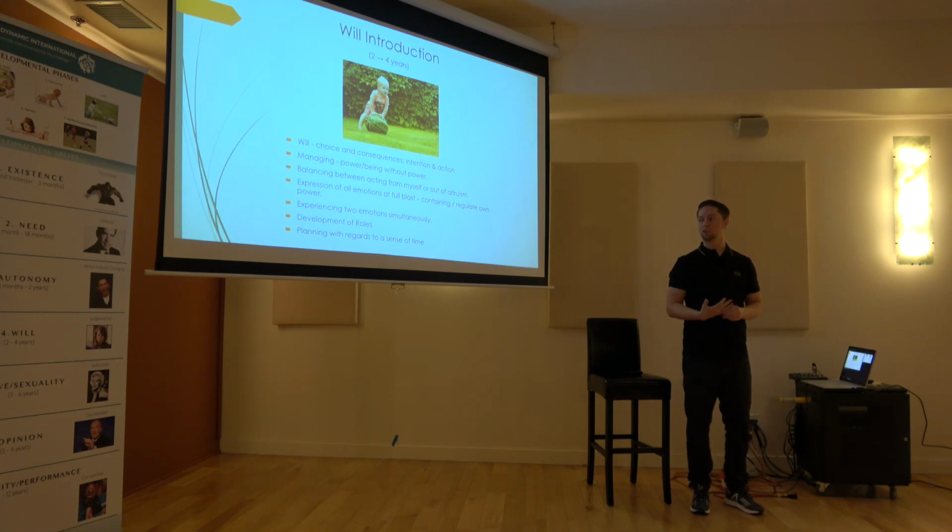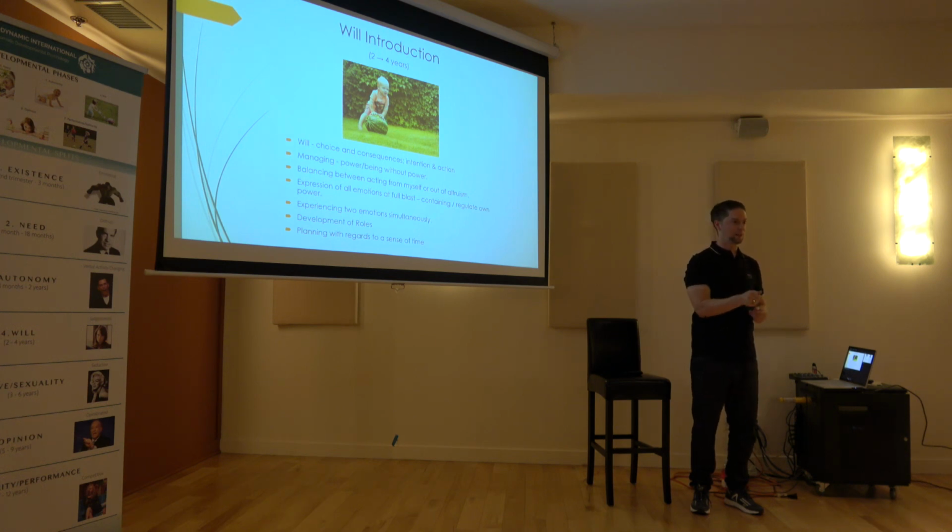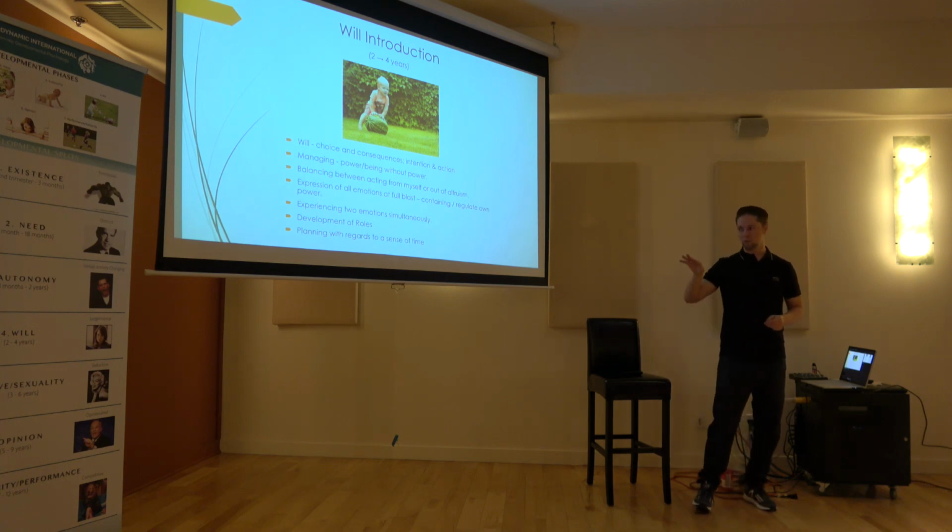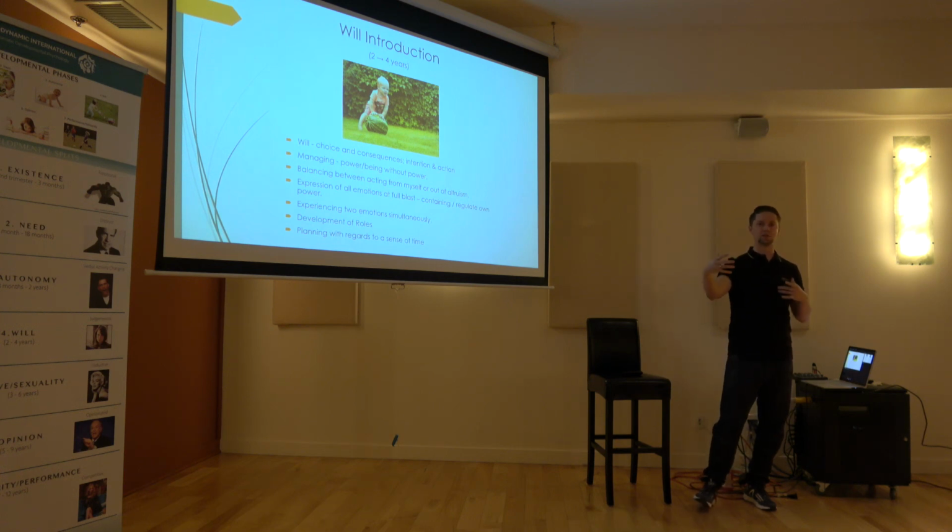And so planning with regards to a sense of time is also something that starts to happen in this stage. It's like, do you want 1 candy now, or do you want 2 candies in an hour from now? Prior to this age, it's like, no, I want the candy now. And when they start developing, again, this sense of time, the ability to delay satisfaction, they can start to plan things.